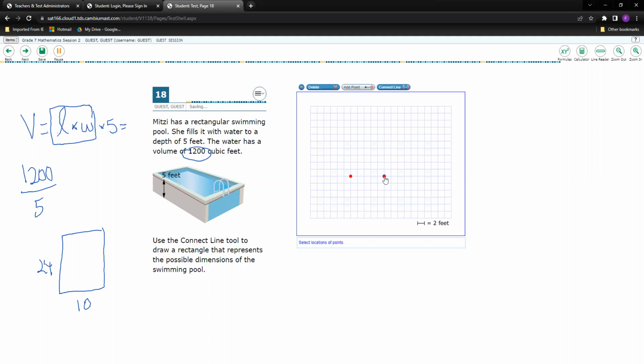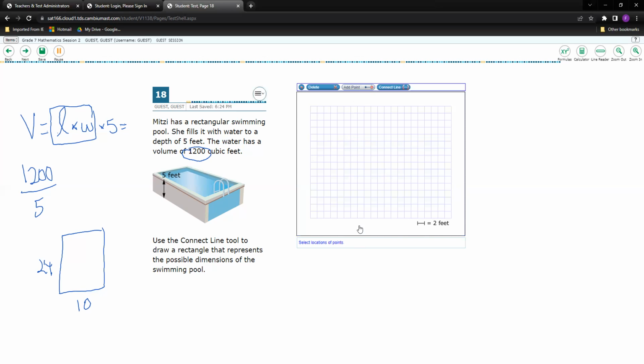And then 24, hopefully I did this low enough, is going to go by 2. So 2, 4, 6, 8, 10, 12. So it should be a rectangle that in this case, oh no, I need to get to 24. So let me delete.